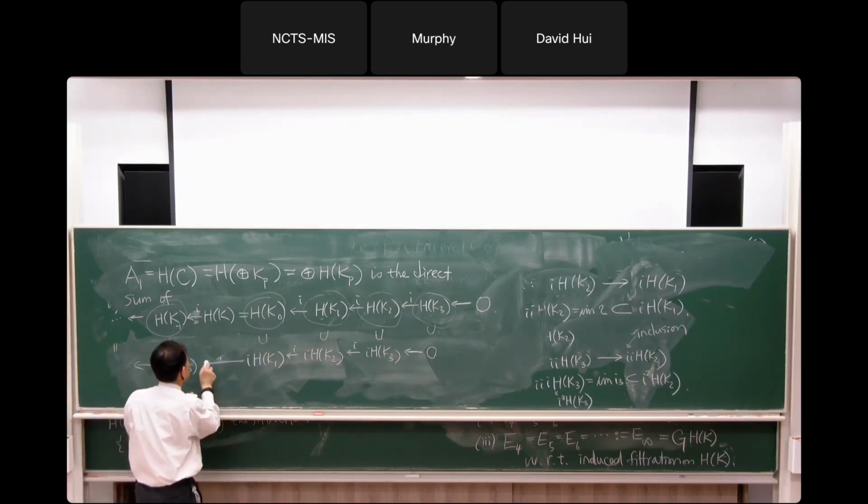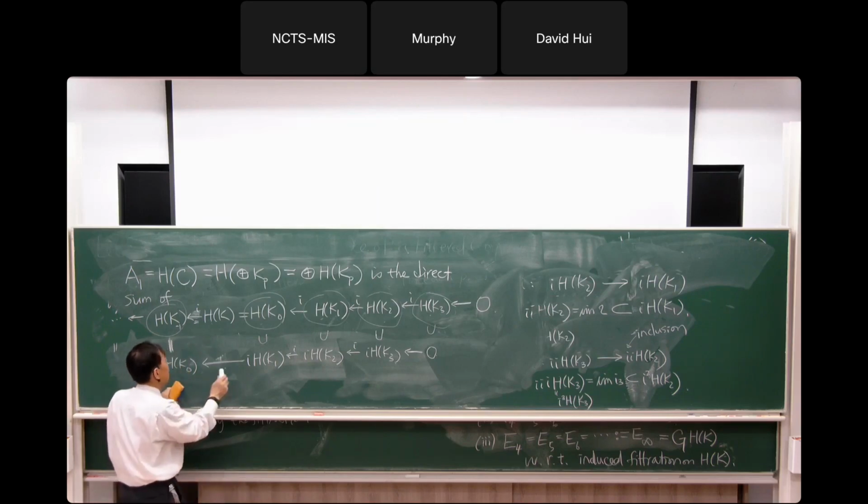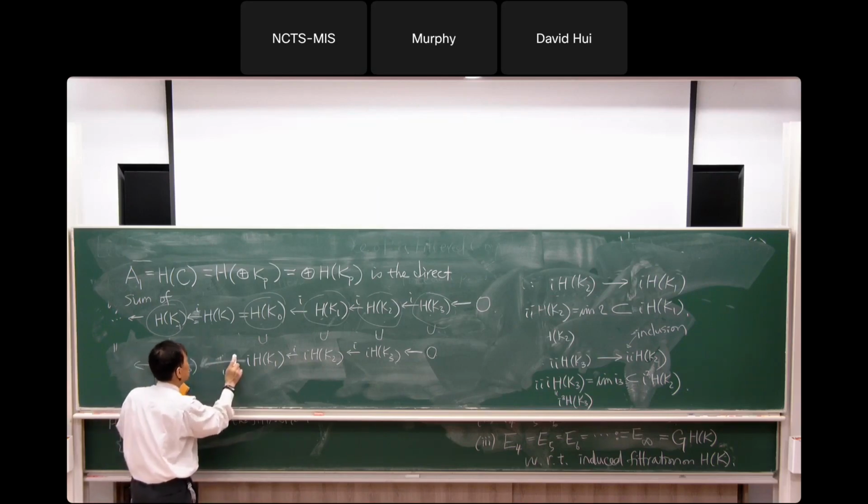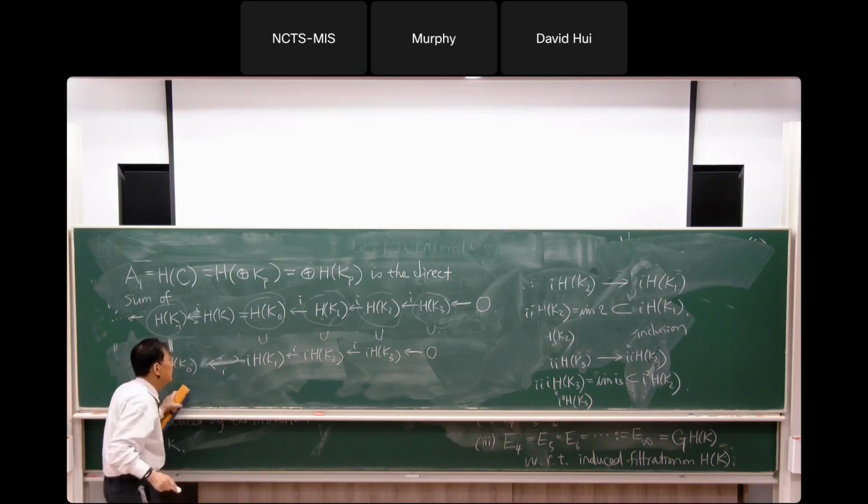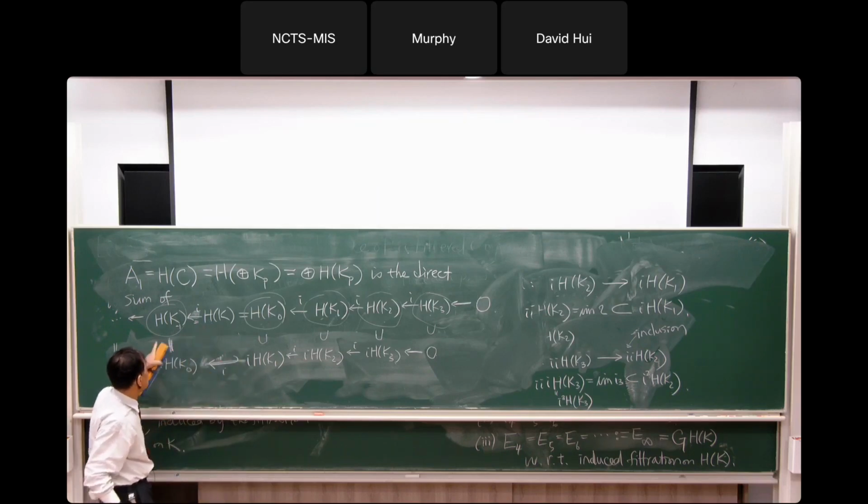And so you have a map I here. I of HK1, well, this is actually an inclusion. I of HK1 is contained in H of K. This is H of K.